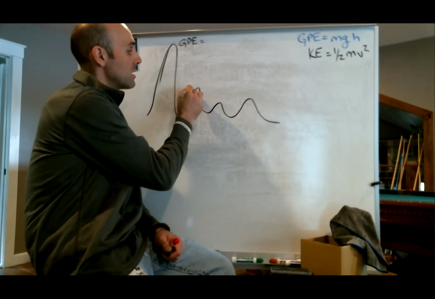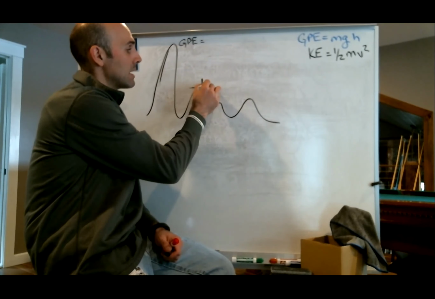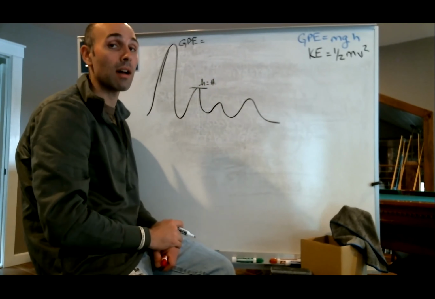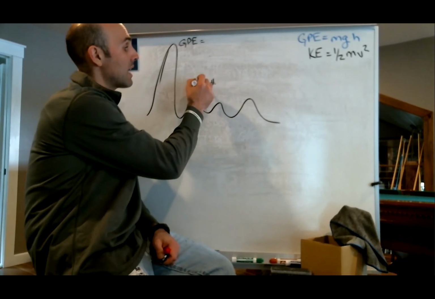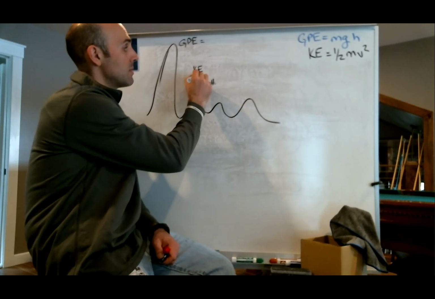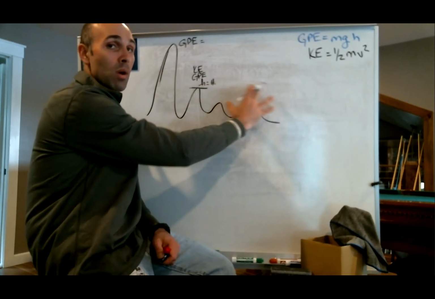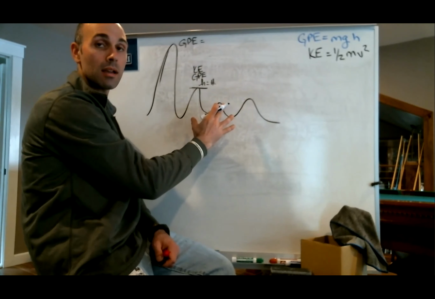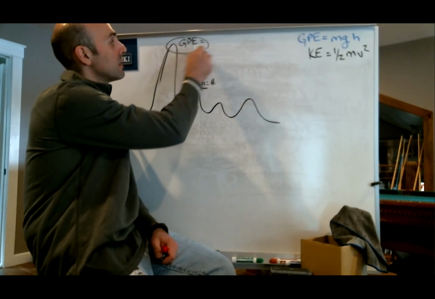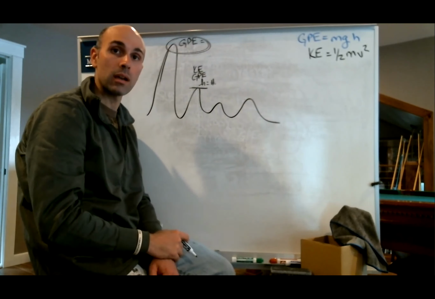So when it gets down here, it still has some height, that's still equaling a number, but it also has velocity now. So the KE and the GPE, at any point on this track, when combined, added together, will always equal the total initial energy, okay?